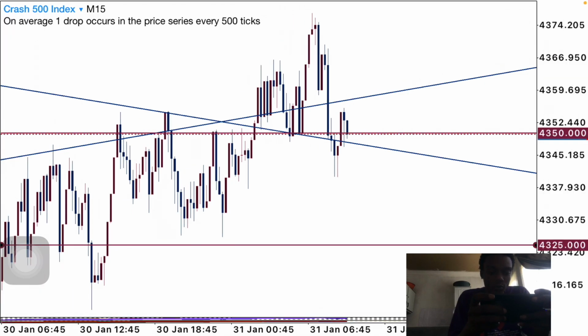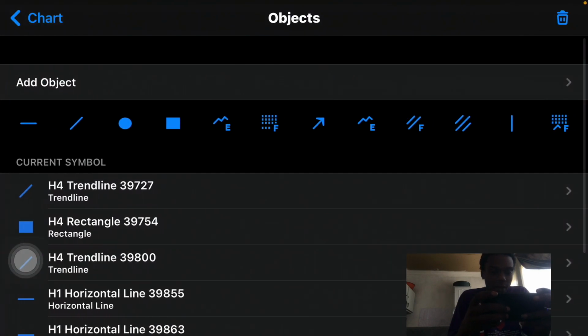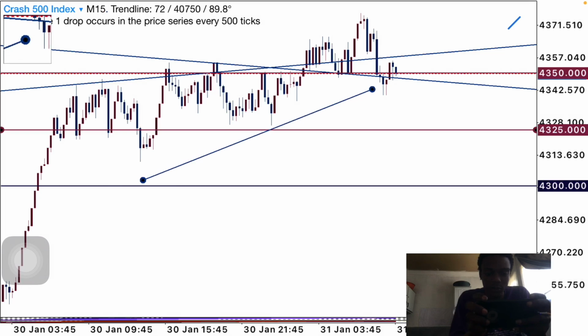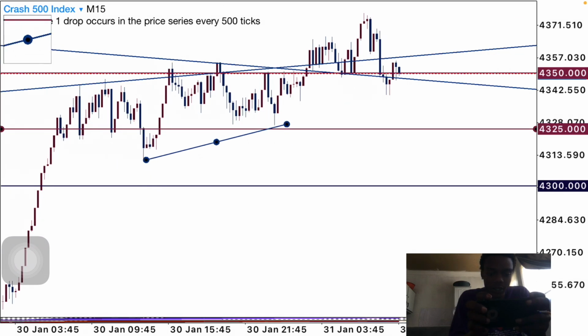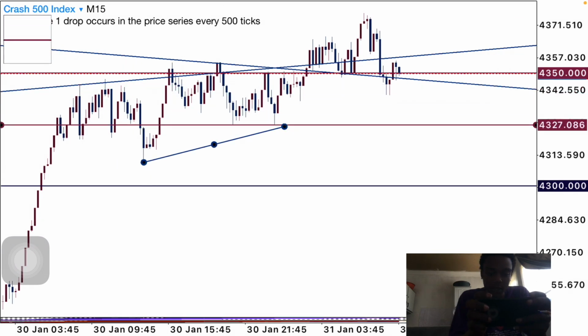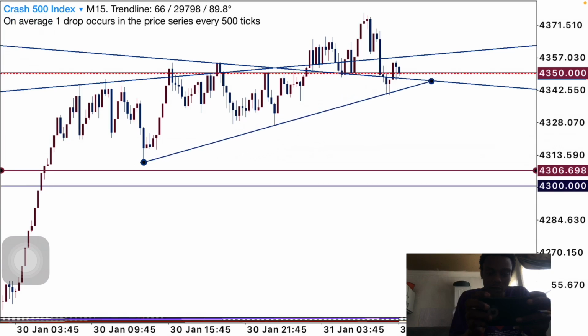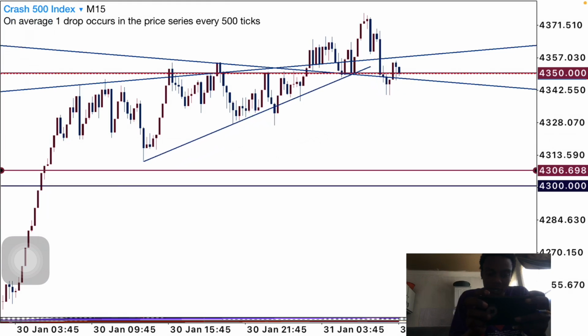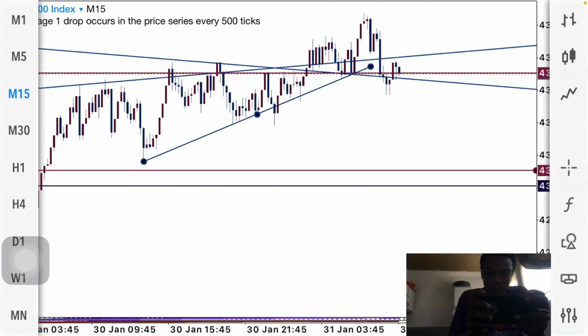So if there is any way I can put it, okay, the reason behind me putting a stop loss there, let me show you. This is a valid trend line, but also this is a valid trend line. This one is the most valid one.